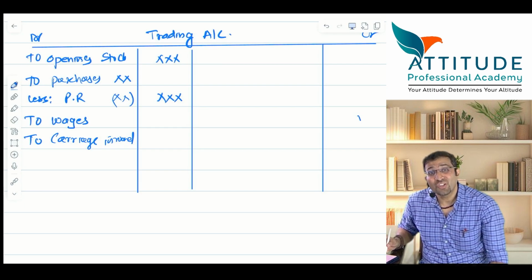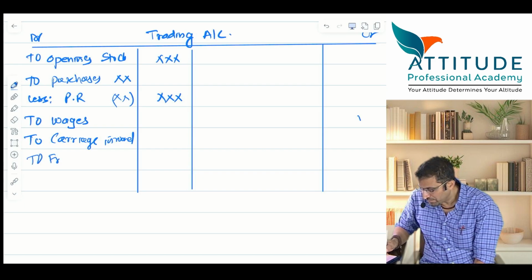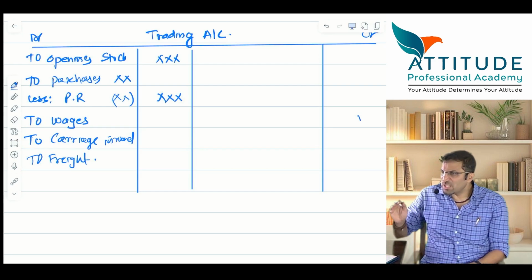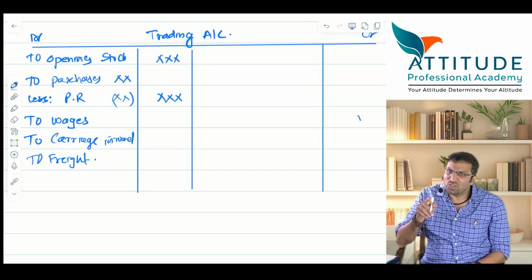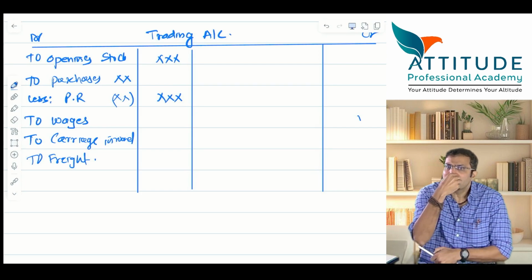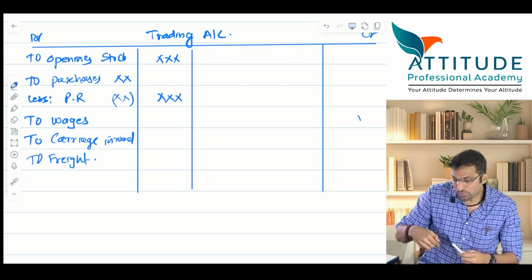To freight. To freight means what? Transport charges is freight, no? So transport charges will come in the P&L account, no? No. Sir, freight will come here.